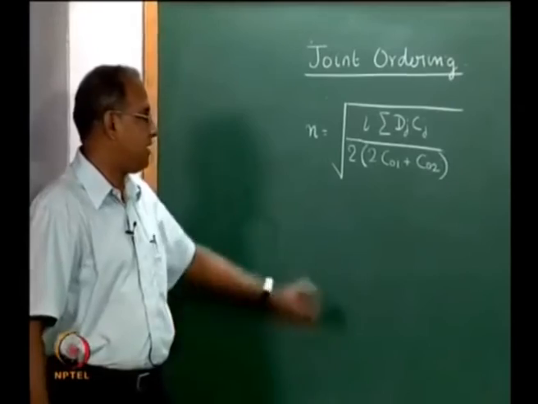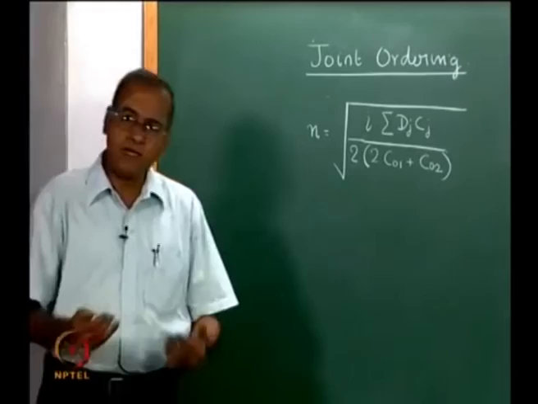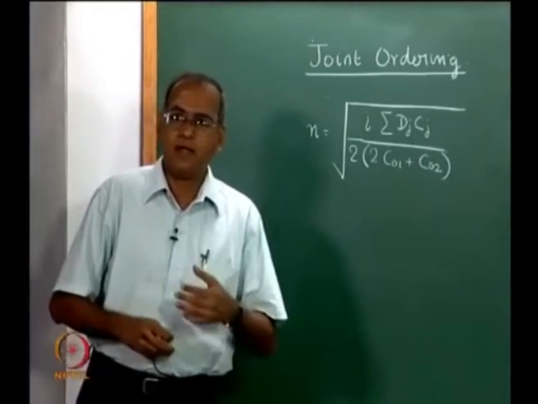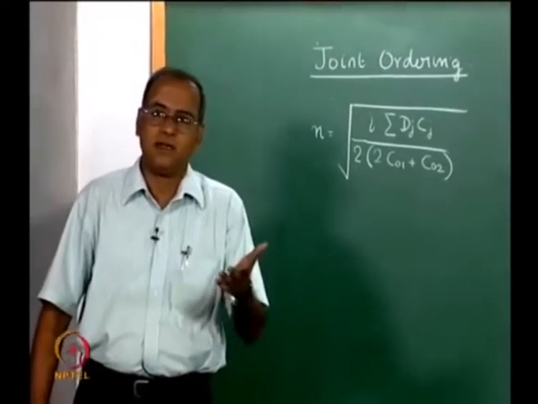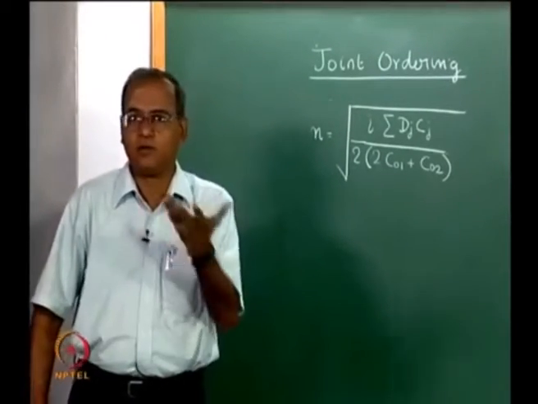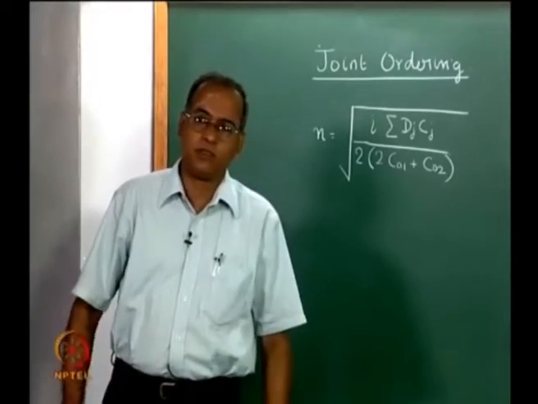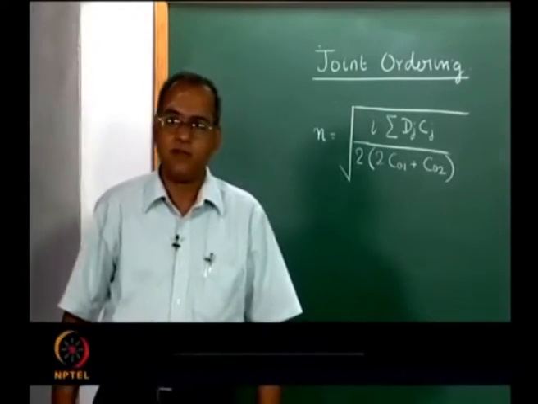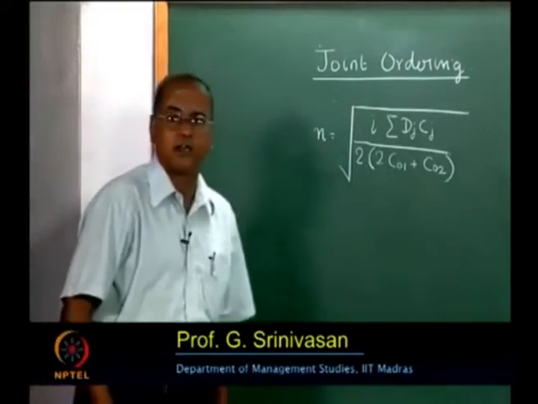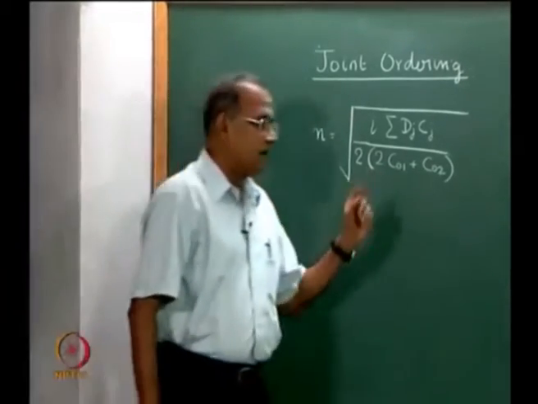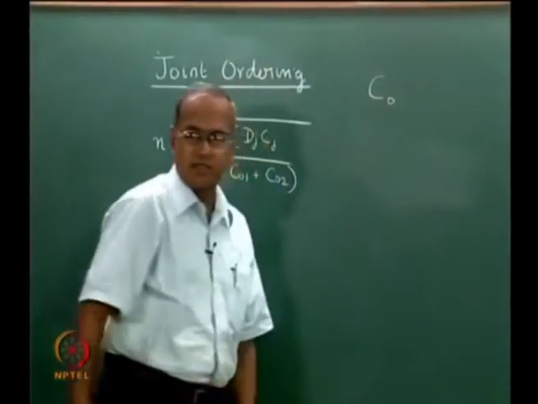The basic idea behind this equation for n is that when we have multiple items, if the order quantities are adjusted such that all the items have an equal number of orders, then it is possible to save on the order cost.